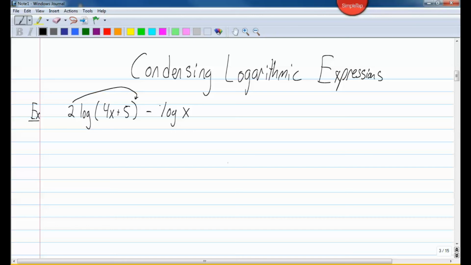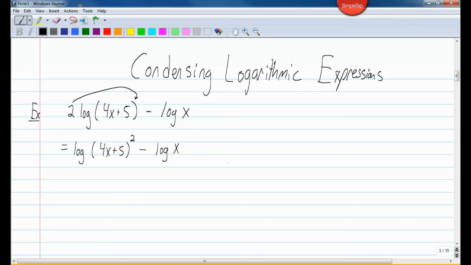So I'm going to take this up and move it up there and make it the power. So I have log of 4x plus 5 squared minus log of x.